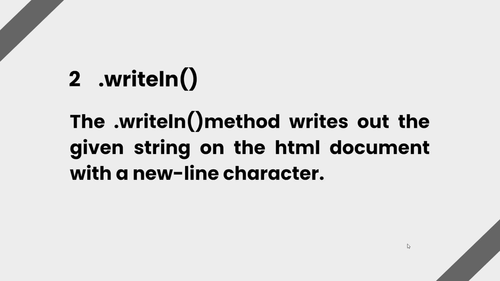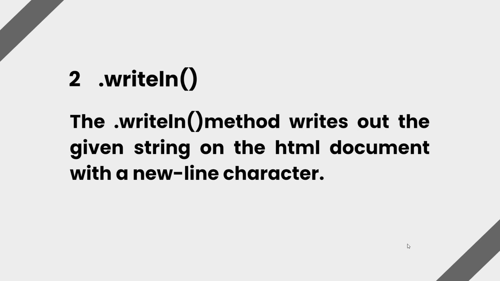Next, we have the dot writeln method. Now, this method is very, very similar to the one we saw previously, which was the dot write method. The only difference here is the fact that it actually outputs the string on the HTML document with a new line character.